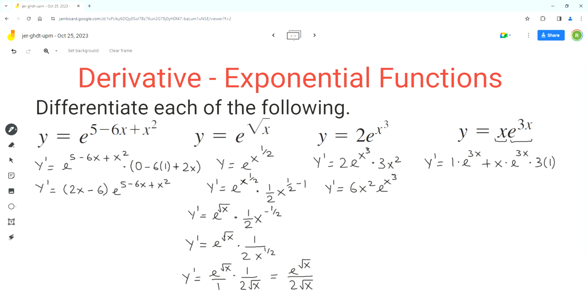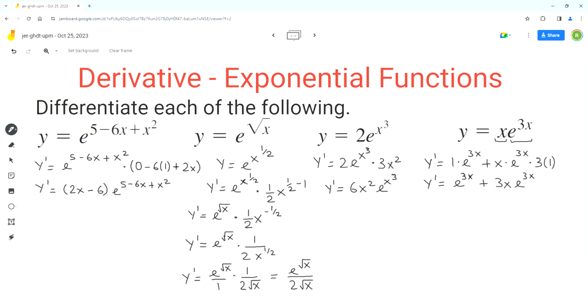So now we can simplify this equation. So y prime equals, so 1 times e to the 3x will just be e to the power 3x plus, now in the second part, 3 times 1 is 3, and then we can multiply 3 with x, so it will be 3x times e to the power 3x.